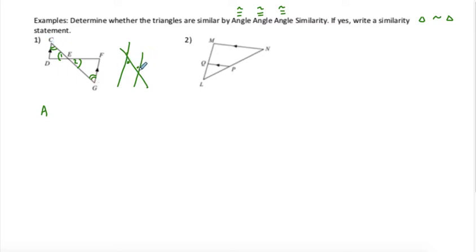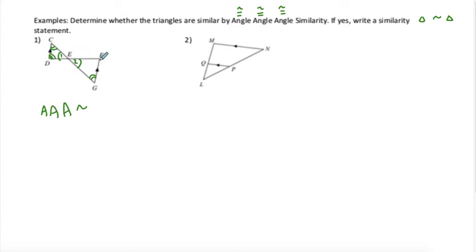Here's C, here's G, if I erased the extra pieces going out. That gives me another angle pair relationship. And again, whatever those measures are, once I have two, that third sets in. So this is angle, angle, angle similarity.